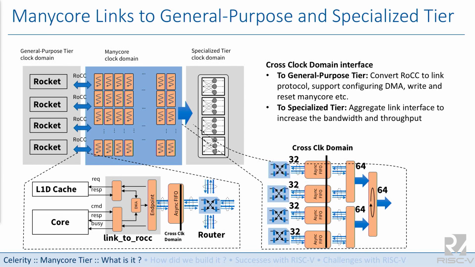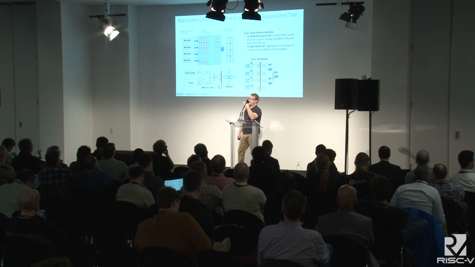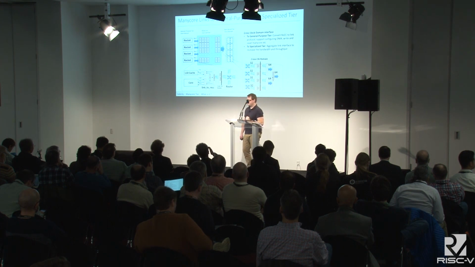And so the Rocket core can issue an accelerator instruction, which will allow it to do stores into any of those cores in the Manycore. And the Manycore can do a store instruction to store into any memory in the Manycore, or it can store off the side of the edge of the chip into the state of the accelerator. Okay?